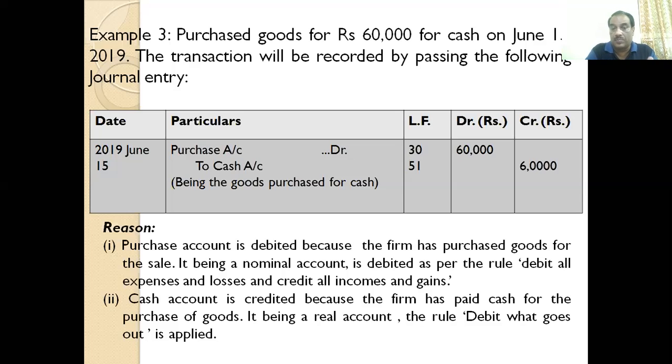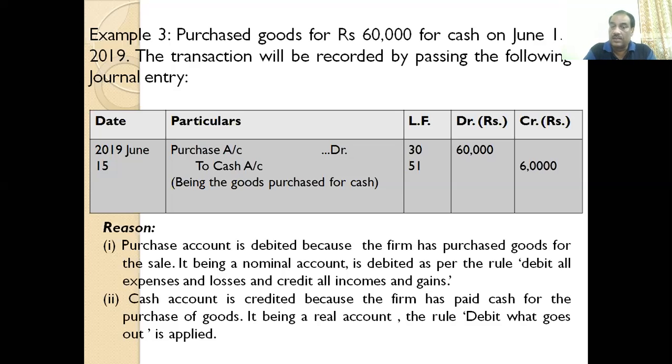So this purchase account is to be debited, the reason being that the firm has purchased goods for sale, and it is a nominal account since it has been purchased for earning, for the business, for making income. As per the rules of debit and credit, debit all expenses and losses and credit all incomes and gains.